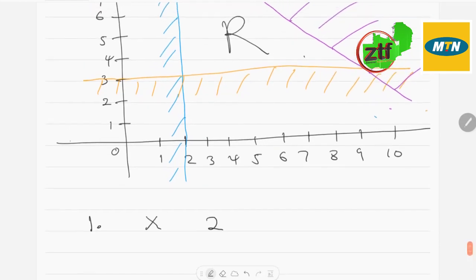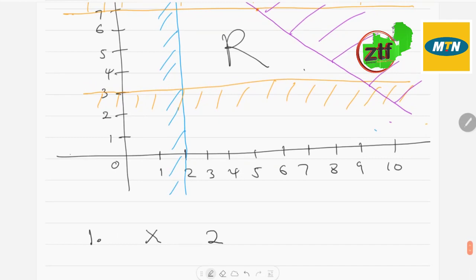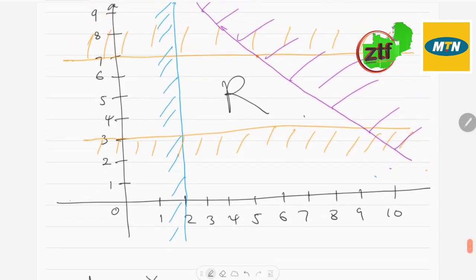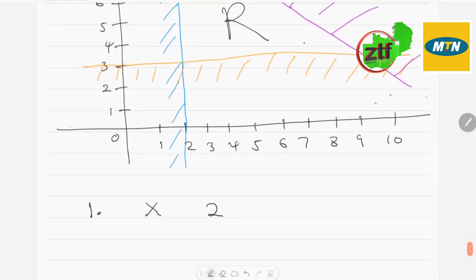Now, when you look at the shaded part, this shaded part is the unwanted region, because the wanted region is R, this one denoted by R. Meaning solutions are on the right side of 2.